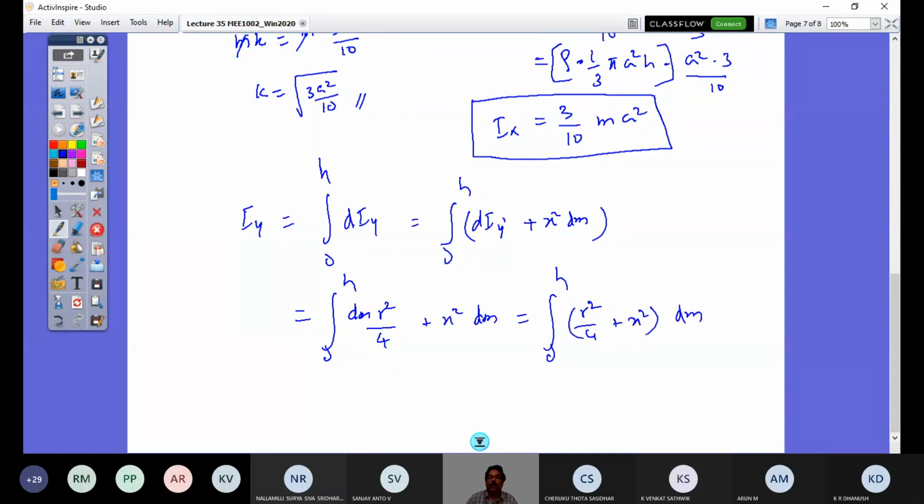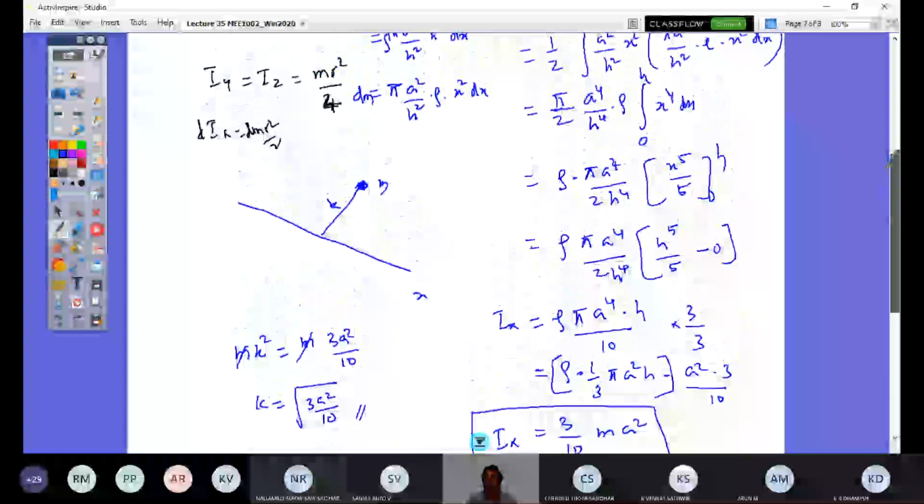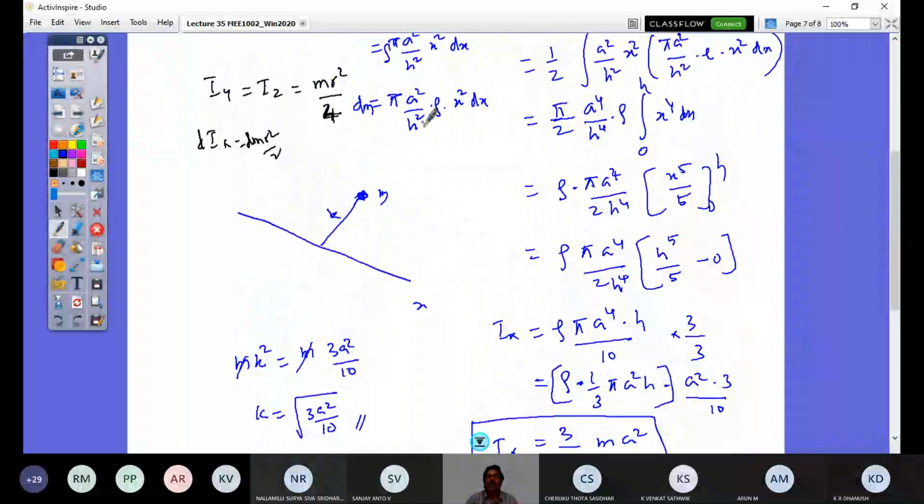And in this, I know r is a x by h. So substitute that here, the integral of a squared x squared by 4h squared, plus x squared into dm. So dm, what we had already, is there. Dm is pi a squared by h squared rho into x squared dx.